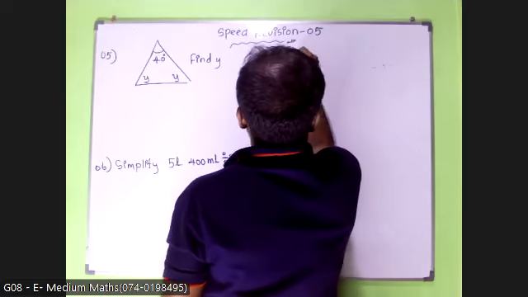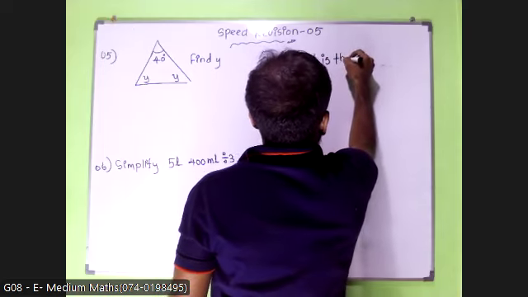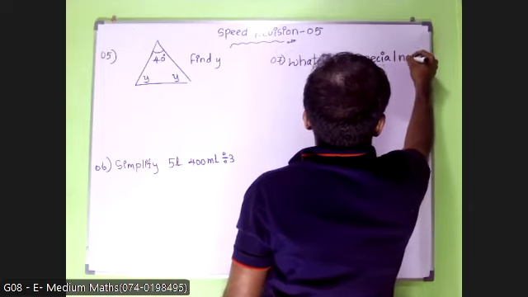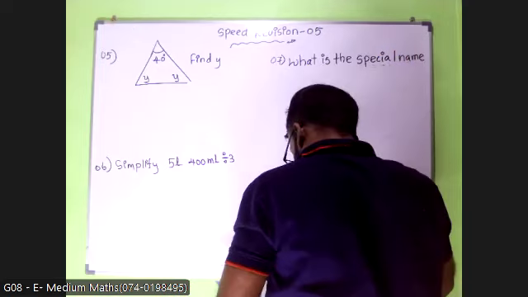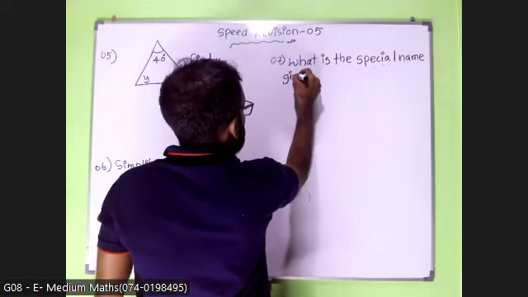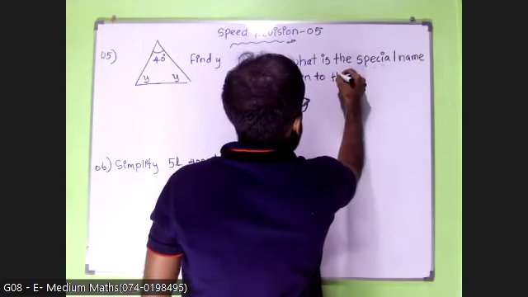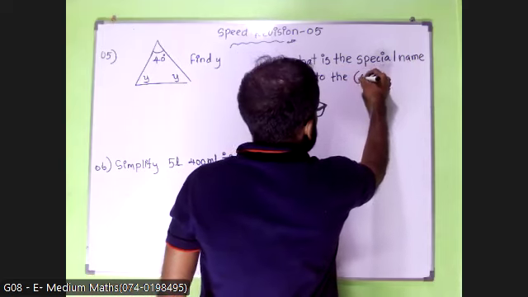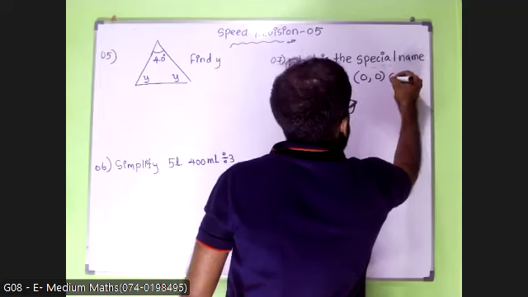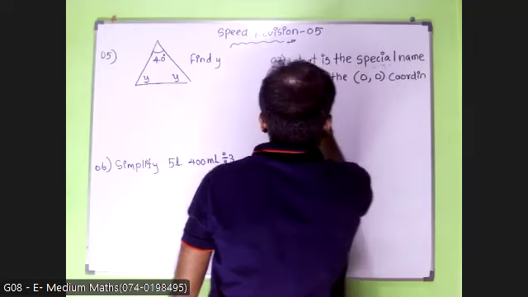Seventh one. What is the special name given to the 0,0 coordinate?